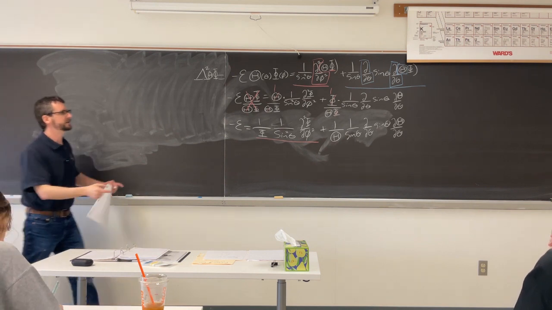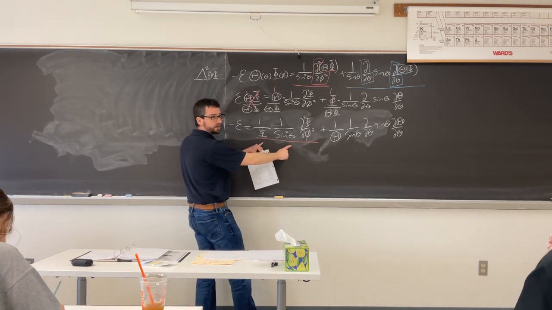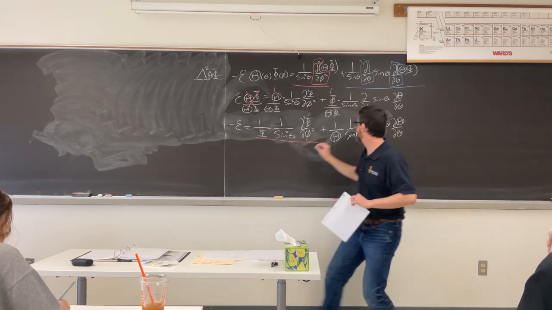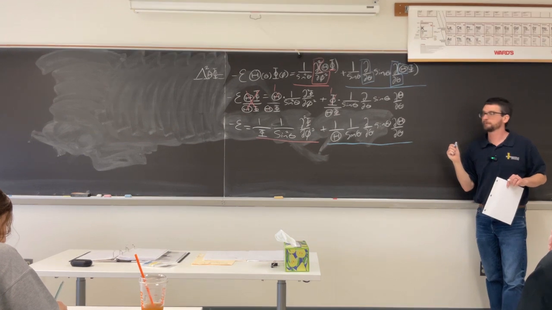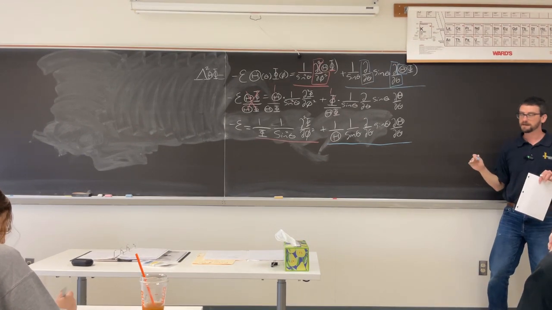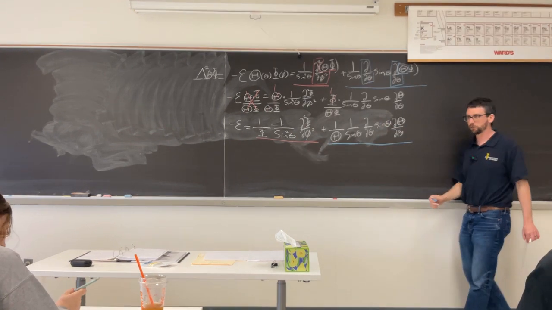Because right now, this thing depends on both theta and phi. What does this blue term only depend on? Just theta. So that one's good to go. This guy isn't because it has both of them. So what are we going to do?